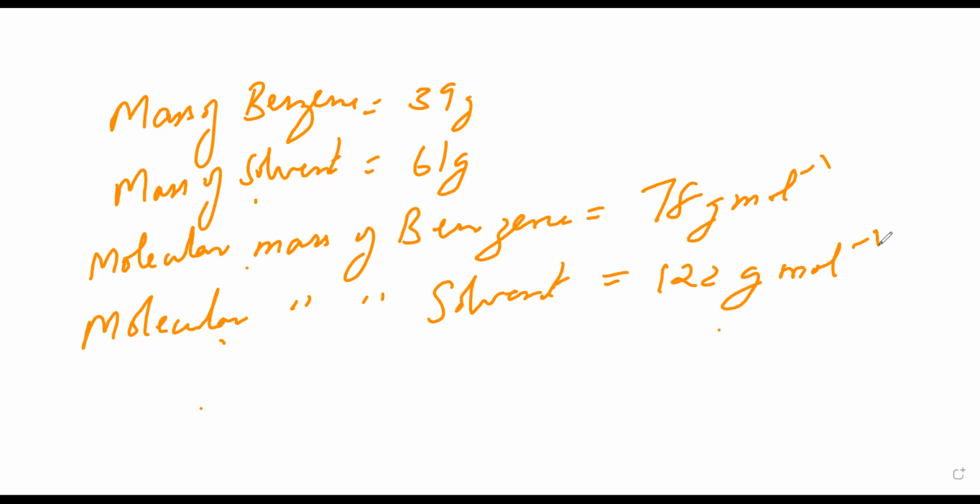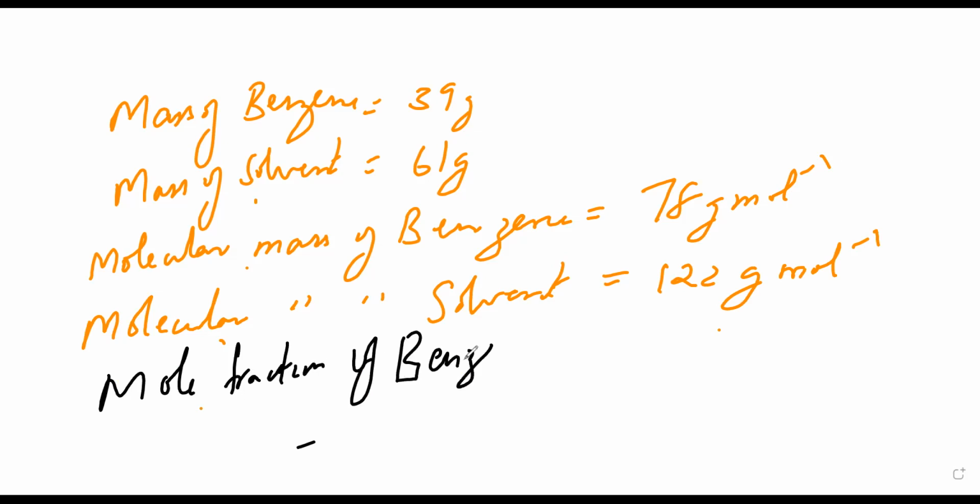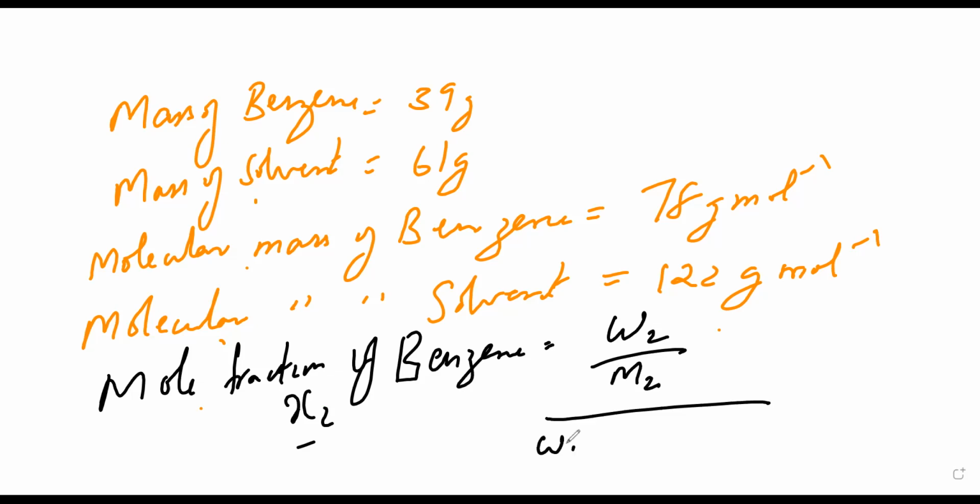So, how do I find the mole fraction of benzene? Very simple substitution. If I take this as x2, where x is the mole fraction, it is W2 by M2 divided by W1 by M1 plus W2 by M2.